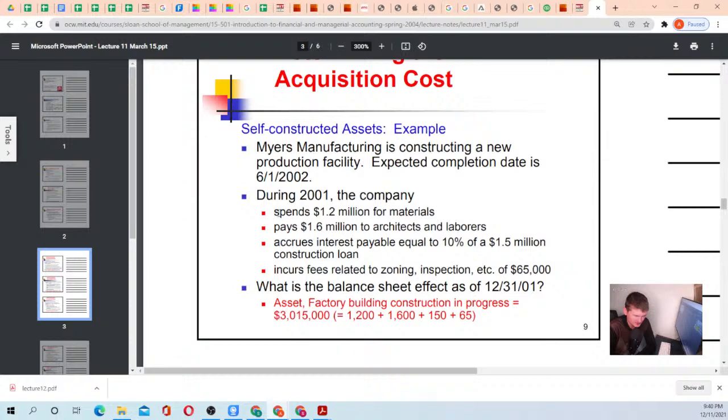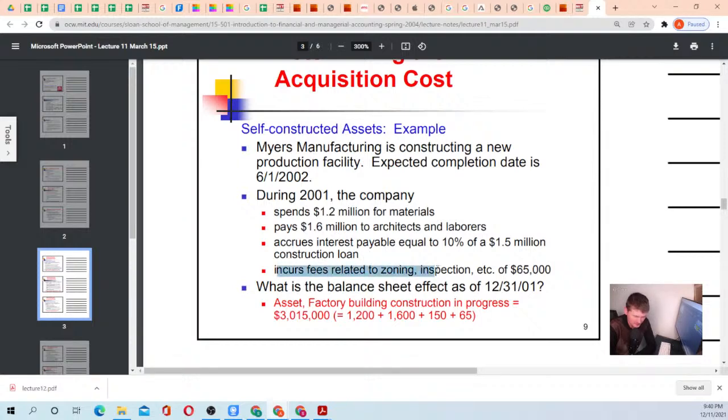Self-constructed assets. So materials capitalized, architects and laborers direct costs capitalized, accrued interest payable. There is a complex calculation involved which we will review today, but generally it is capitalizable expense. You just need to calculate it properly.